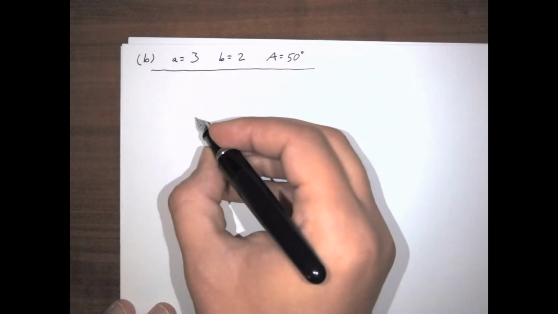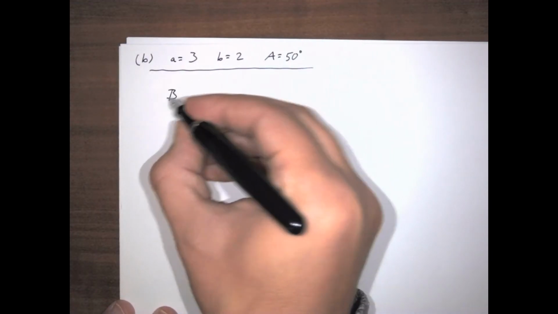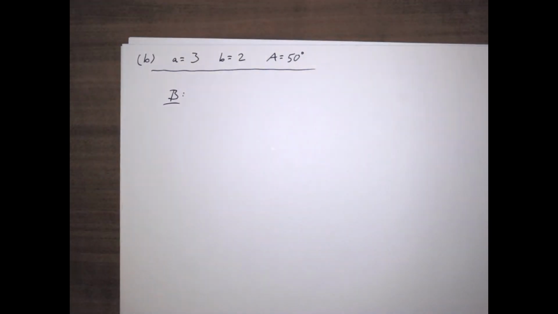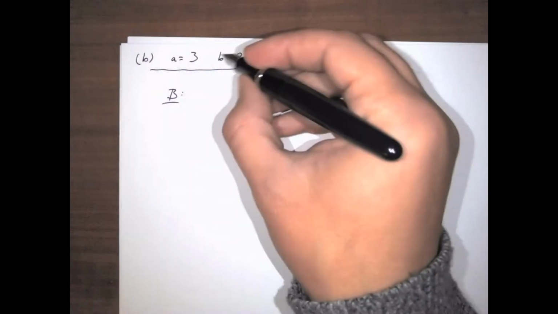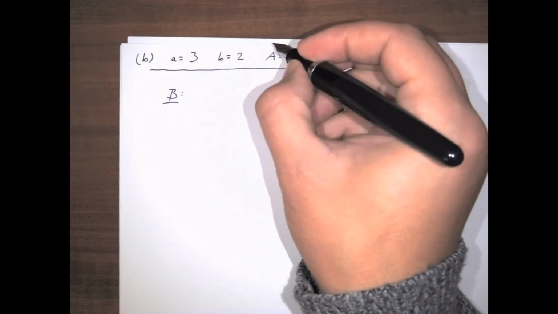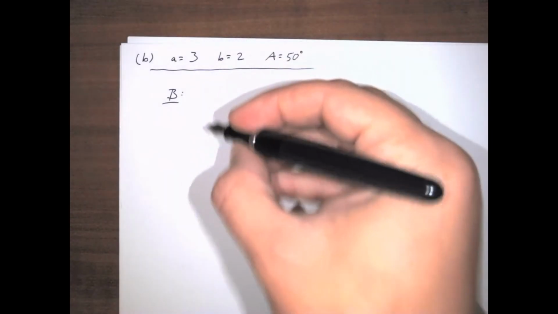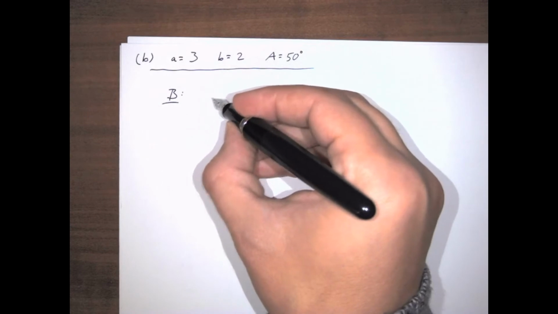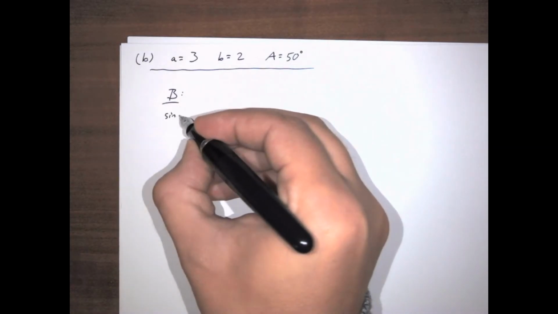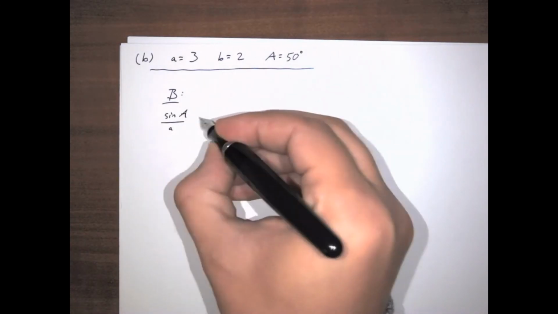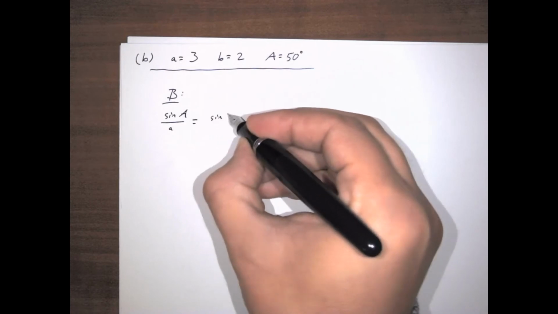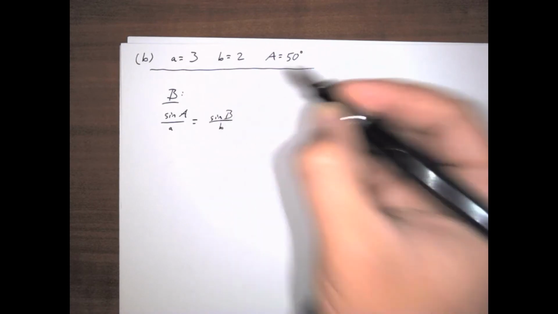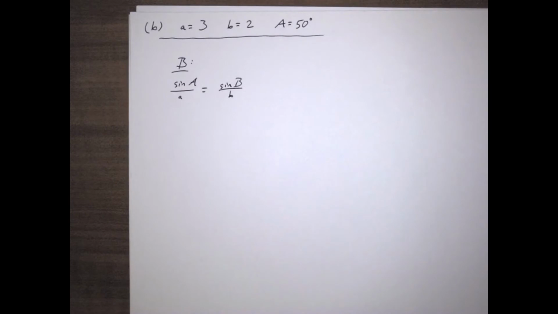Okay, well, first off, I can find the big B by using the law of sines. I've got two pieces for the A and then one piece for the B. So then I can say that sine A over a equals sine B over b, and I can solve this for the B, the one part that I don't have.